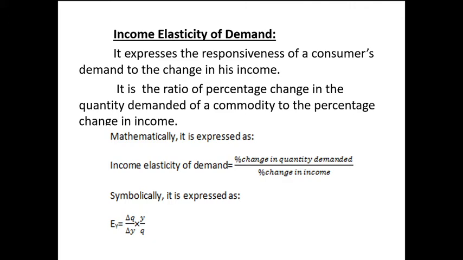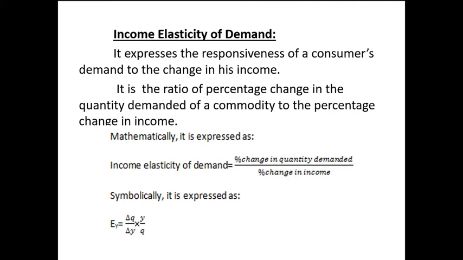Income elasticity of demand is equal to percentage change in quantity demanded divided by percentage change in income. Clear? In this formula, the determinant factor always comes in the denominator. If it is price elasticity, then percentage change in price comes in the denominator. Now we are learning income elasticity of demand, so here percentage change in income has to come.